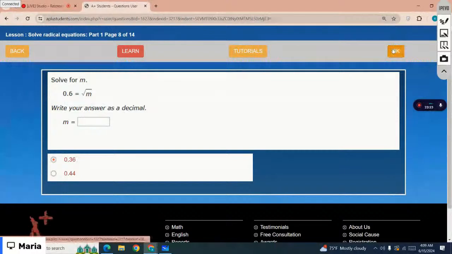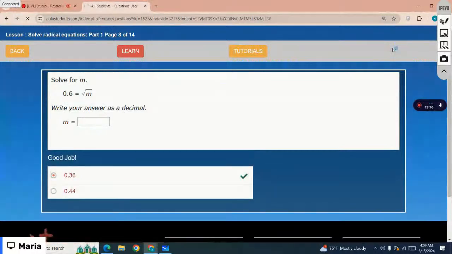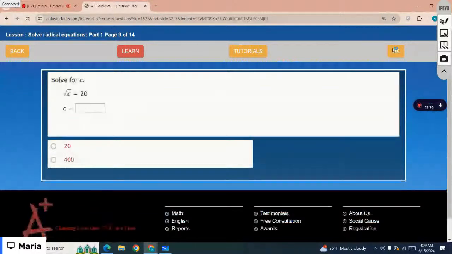Option number 1 is the correct option. That is option number 2, c equals 400. Option number 2 is the correct option.